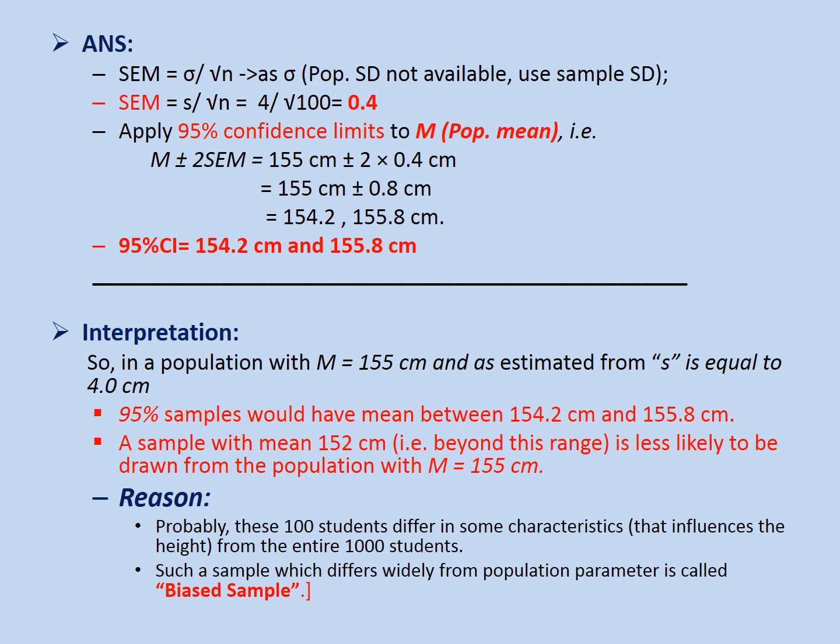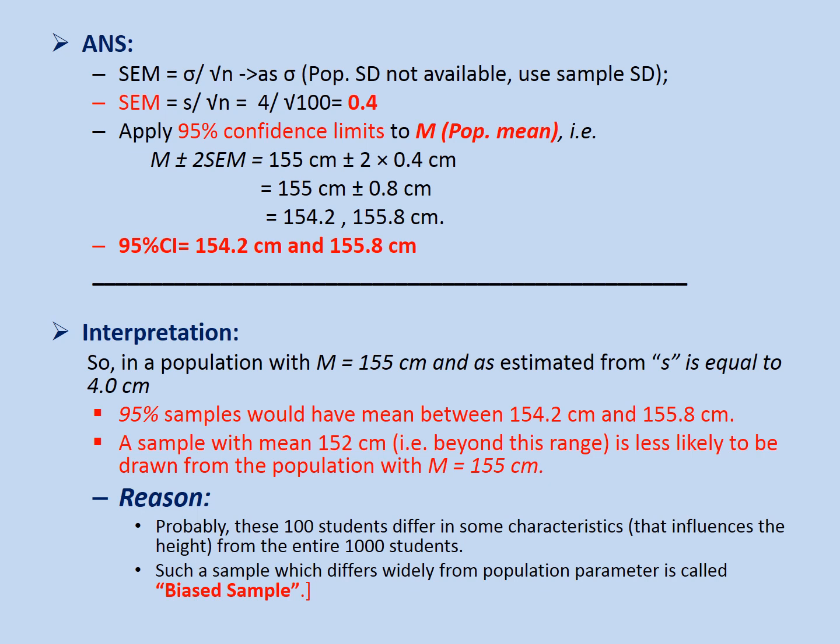Now 95% of the samples would have a mean between 154.2 centimeters and 155.8 centimeters. In our example, the sample of 100 students we selected had a mean height of 152 centimeters. Is this height falling between the 95% confidence limit range? Definitely not. It is falling outside the lower limit, meaning it is less than 154.2.